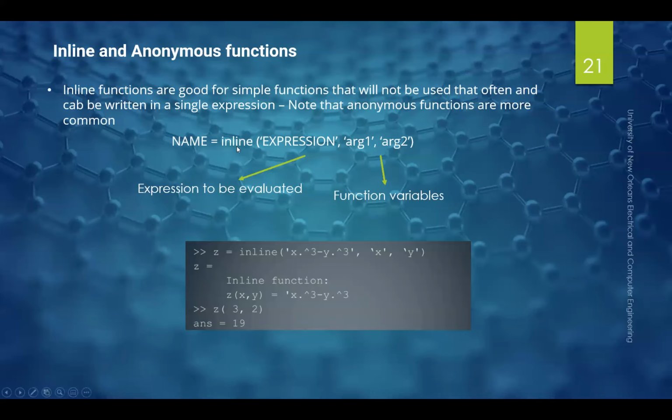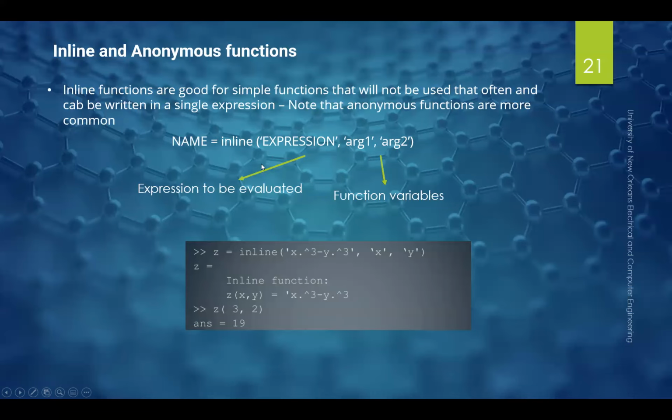And here you call, or you use the inline function without the @ and you define inside the parentheses an expression. That expression is in single quotes, which defines the function or the entire expression you want to replace. And then you're going to have the function variables, which are the arguments for that expression, also in single quotes, as you can see here.